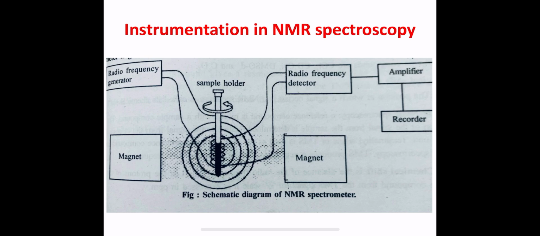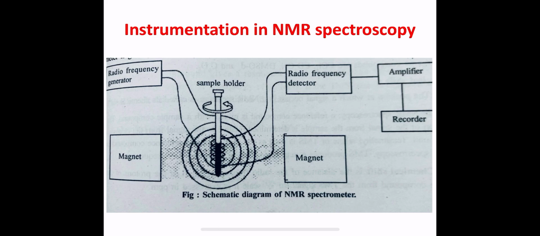That is why we use magnets. Those magnets are superconducting magnets. The sample is kept between these two magnets. The magnets produce a strong magnetic field of known value. The magnetic field should be uniform and act in the same direction. This is what we have to keep in mind.